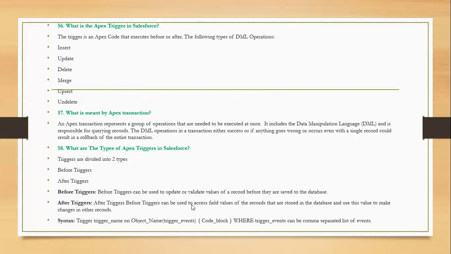After triggers can be used to access field values of the records that are stored in the database, and use these values to make changes to other records. Syntax: trigger triggerName on ObjectName (trigger events) {code block}, where the trigger events can be comma separated events.